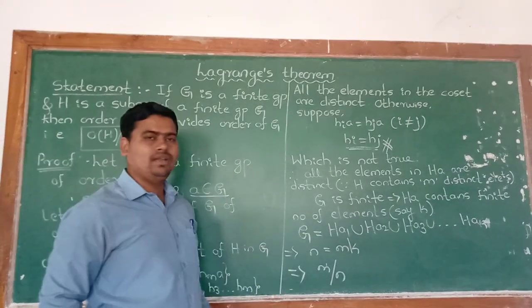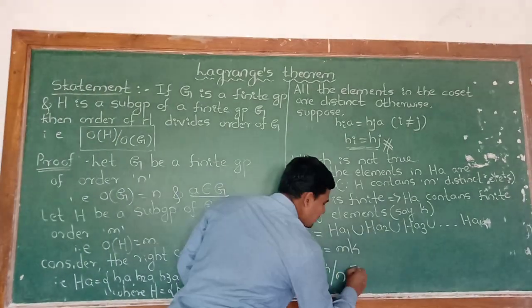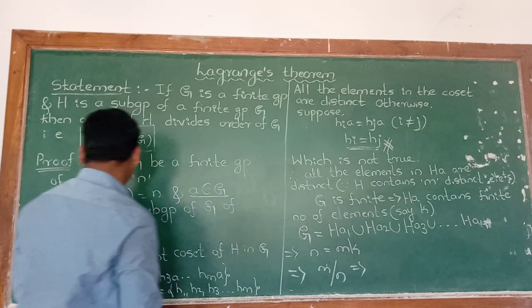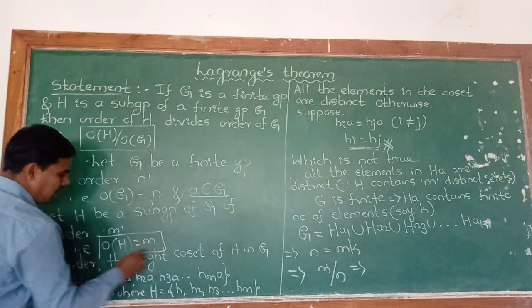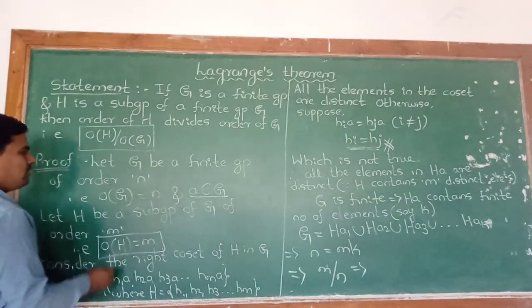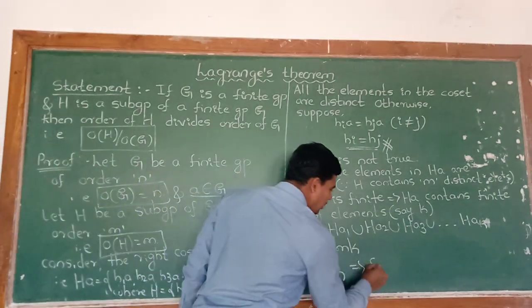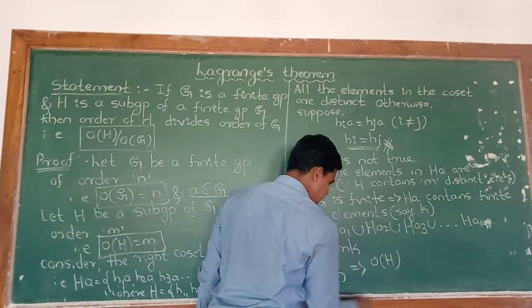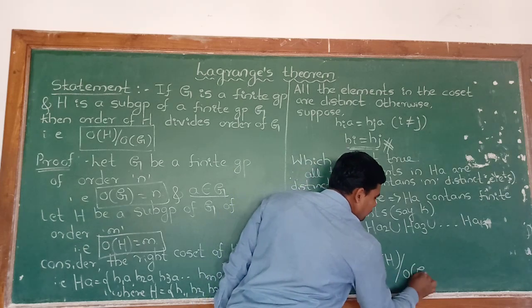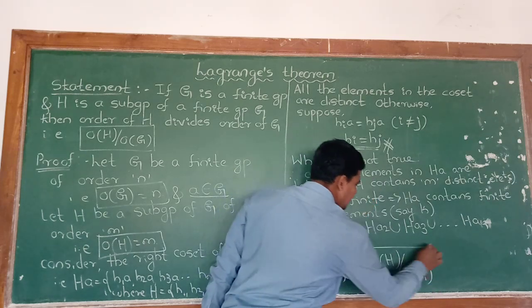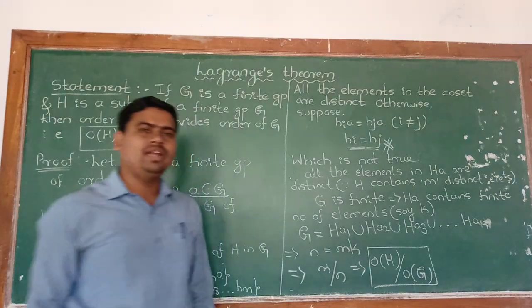M divides n means, see here, m is the order of H, and what is n? The order of G. Substitute here: m, the order of H, divides the order of G. This is the proof of Lagrange's theorem.